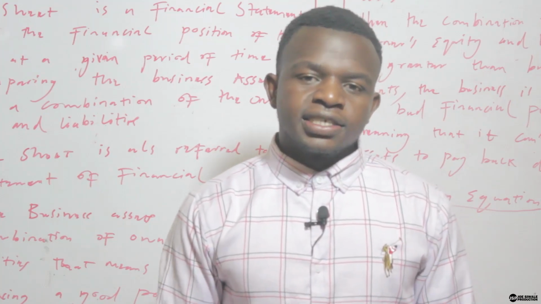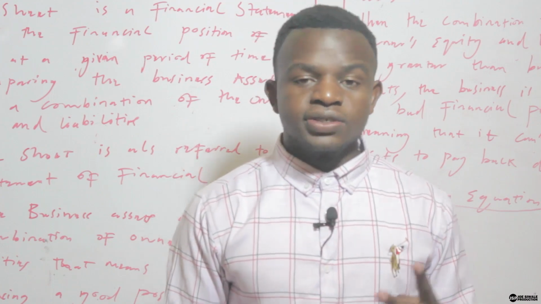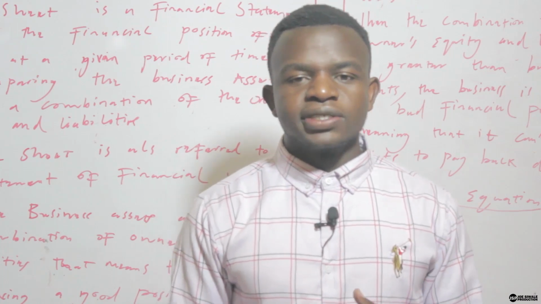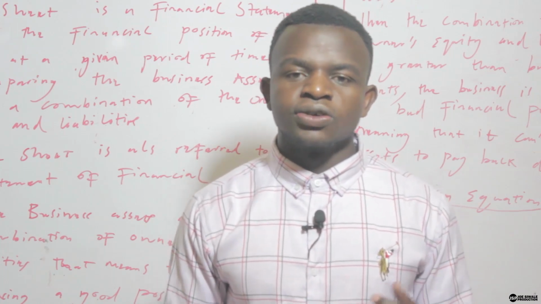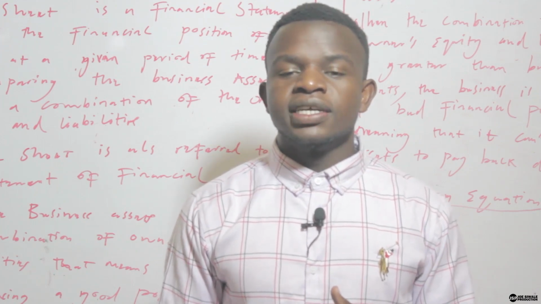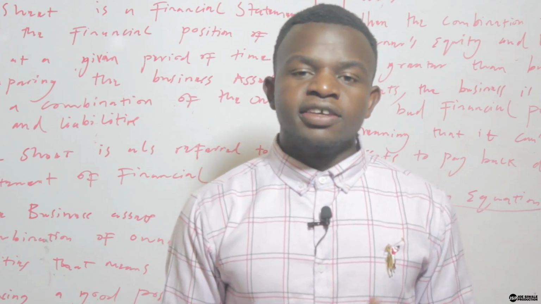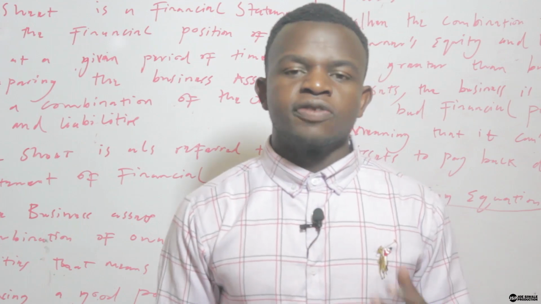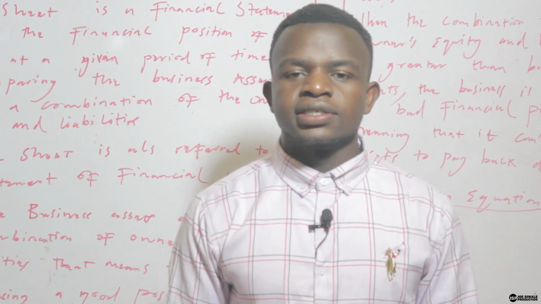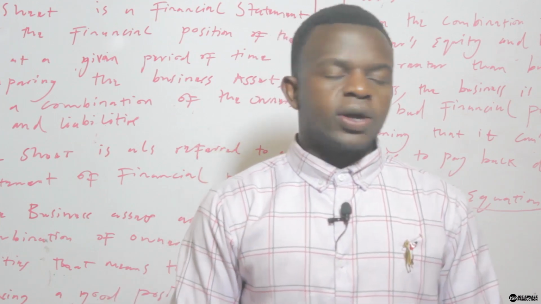And that means that the assets can be obtained by the business by using two methods, either using liabilities or using owner's equity. So for liabilities, we mean that assets can be obtained by borrowing money from outsiders, and for the owner's equity, we mean the money that is invested by business owners. So let us write down these points.